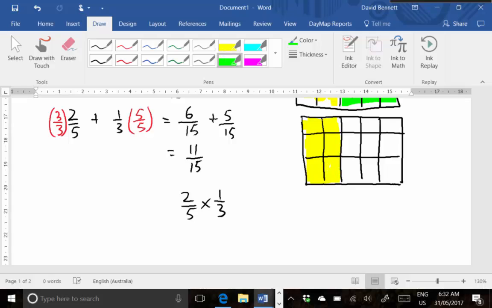So 1/3 would be this shaded region here. So the common area for that is going to be these two squares, isn't it? So if we were timesing those two things together, we would get an answer of 2 out of 15. All right, looking at that scenario there.